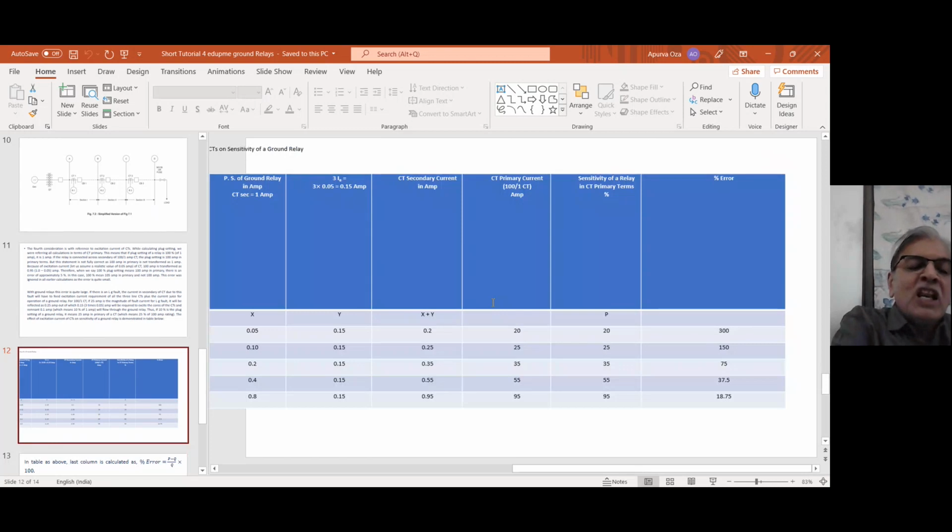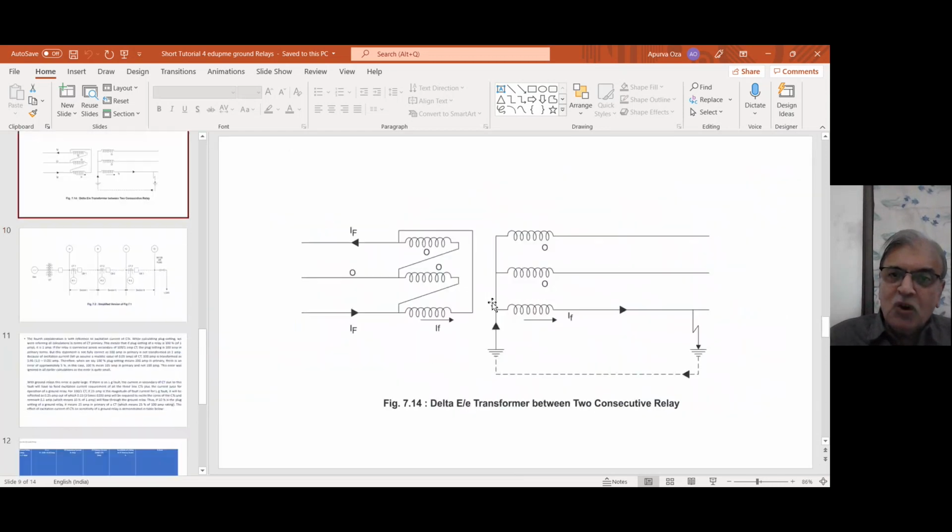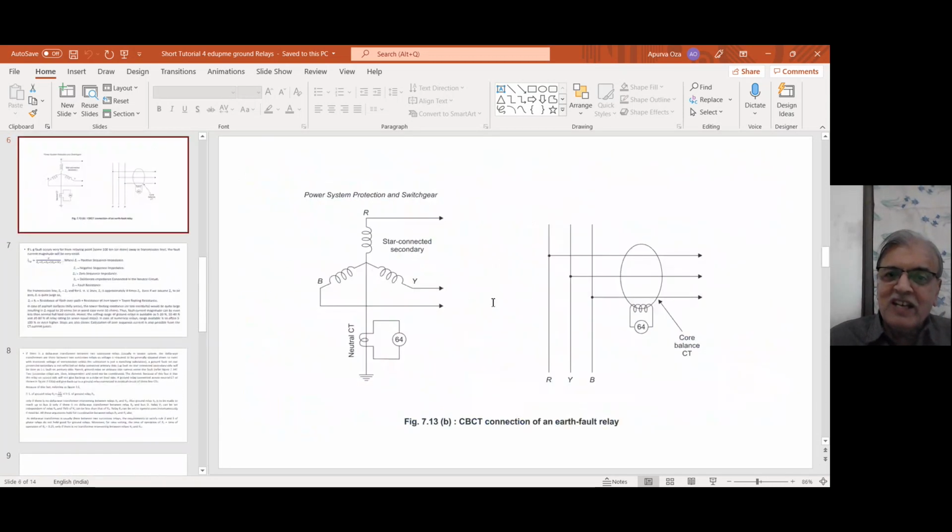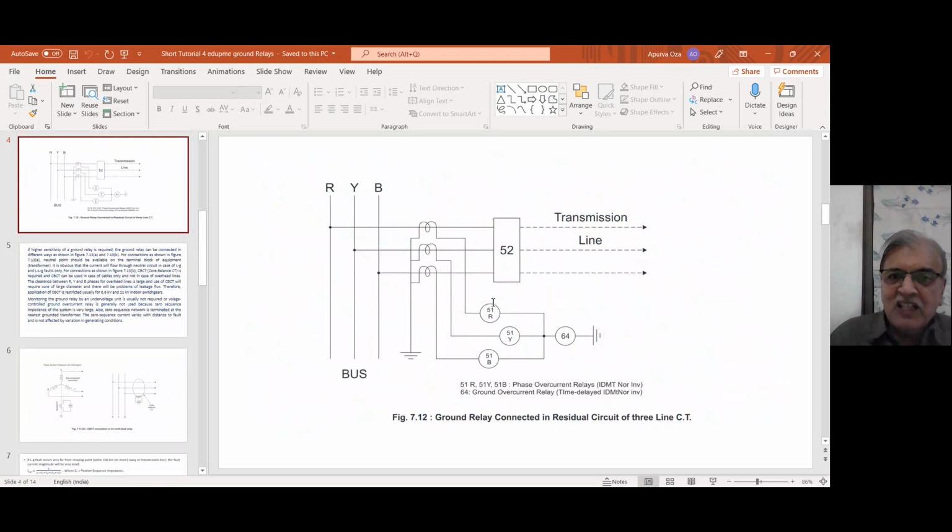In case of ground relay, now I cannot ignore that, because my relay is connected in the residual circuit of 3-line CTs. I'll bring that slide again. This connection, my friends, is connected in the residual circuit of 3-line CTs. So 51R, 51Y, and 51B are there.